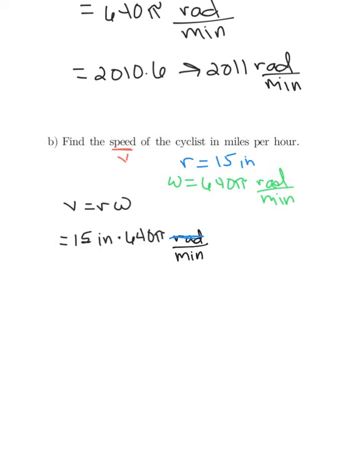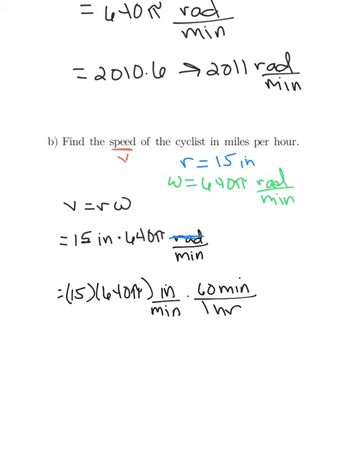So at this point, we have 15 times 640 pi, and we have inches per minute. Let's convert to hours. That will be quick and easy. So we need to get rid of minutes, make it hours. So we are going to do 60 minutes in the numerator, 1 hour in the denominator.